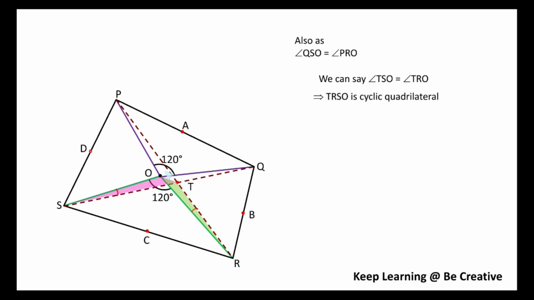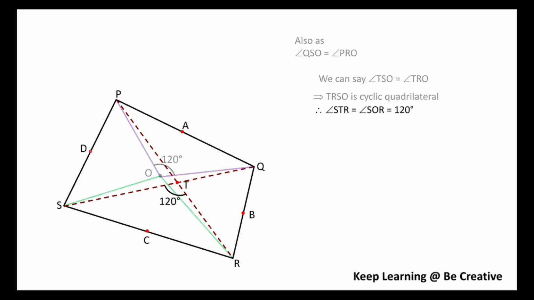So this says that TRSO is a cyclic quadrilateral. Now using this, I can say that SR will subtend equal angles at the 2 points of the circle. From RS, one angle was 120 degrees, that was at point O. So angle STR will also be 120 degrees.